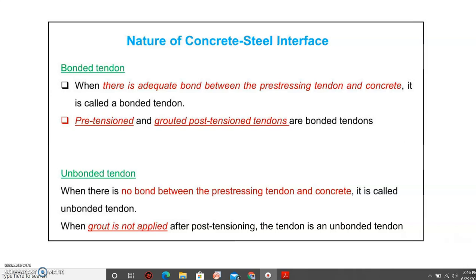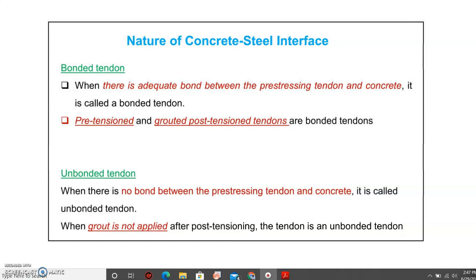But in case of unbonded tendon, there is no bond between concrete and tendon. This is called an unbonded tendon. When the grout is not applied after force tensioning, this is called an unbonded tendon. If grouting is done in the post-tensioning method, this is known as bonded tendon.